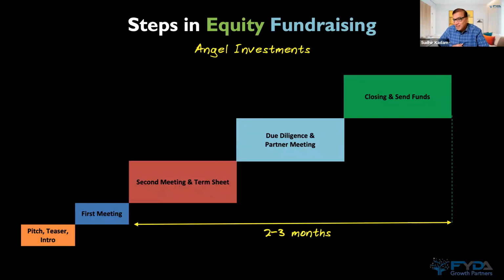If they are saying that this is the valuation, we will go ahead and invest. So sometimes you might be able to circumvent that entire due diligence process. And then there is the partner meeting where the info memorandum and all that happens. And then closing and sending funds. Closing and sending funds is very quick. The moment you sign a couple of documents, they will remit the funds into your account within a couple of days.